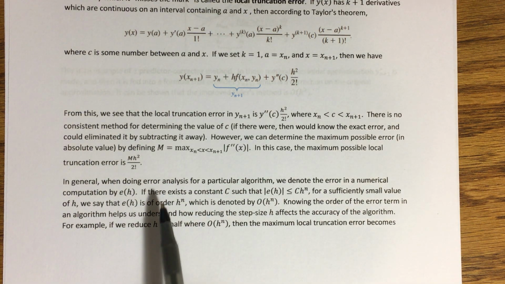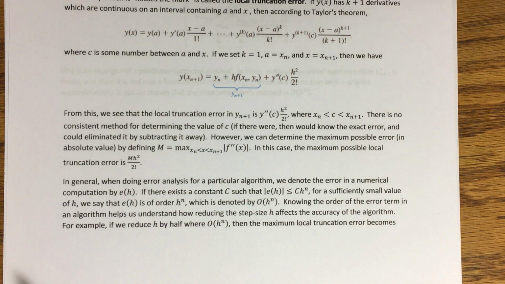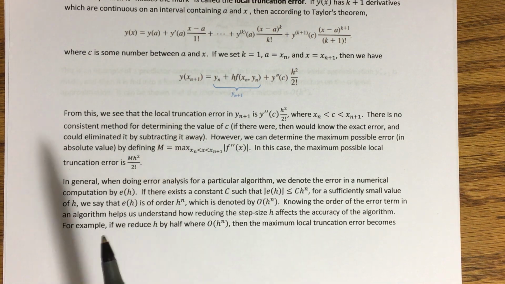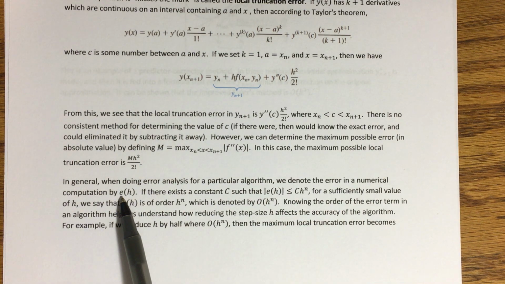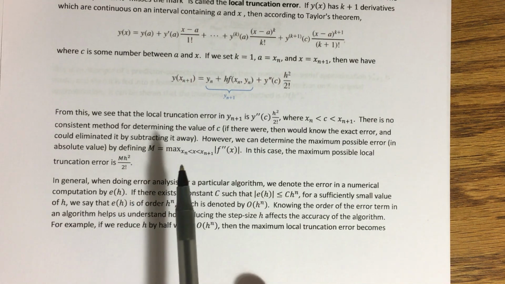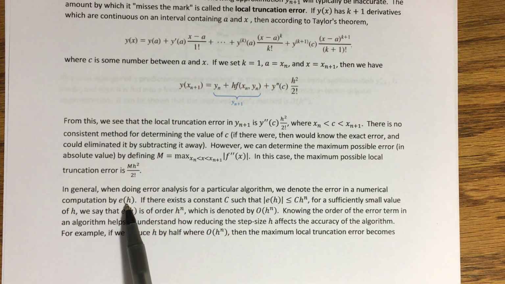Okay, so we now want to look into a way of increasing the size of that exponent on that h there. And to do that, we're going to introduce some notation. So when we do error analysis for any kind of numerical computation, we're going to use this notation E of h to represent the error term, or the numerical error that's produced by that algorithm.